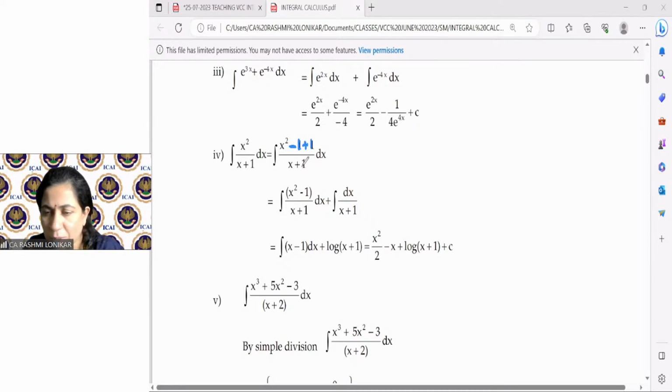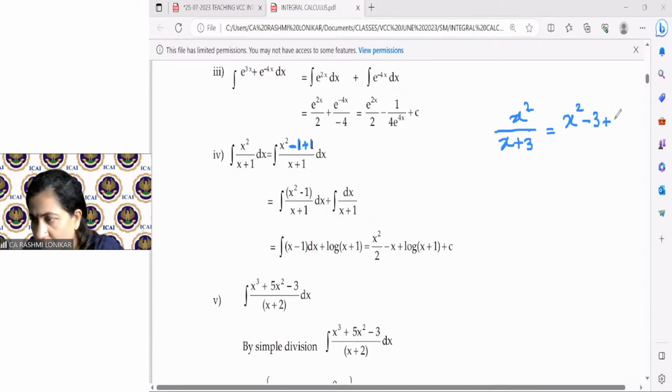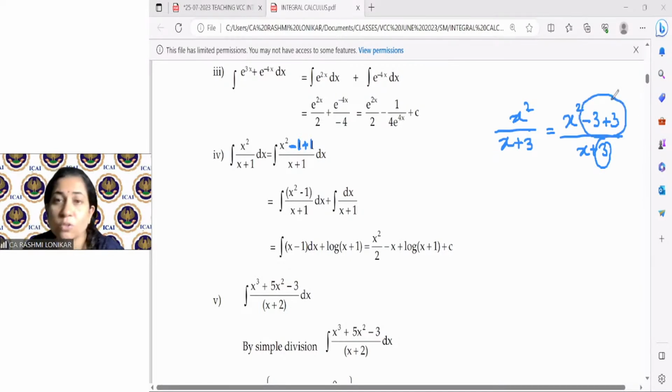Okay. If it is plus 1, what happened? What would have been the case if it had been x square upon x plus 3? Then you will have x square minus 3 plus 3 upon x plus 3. Okay, so depending on this, the number is going to change.